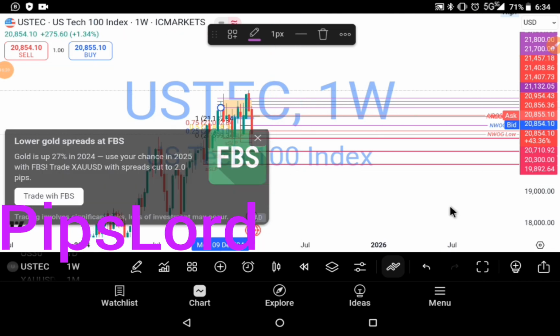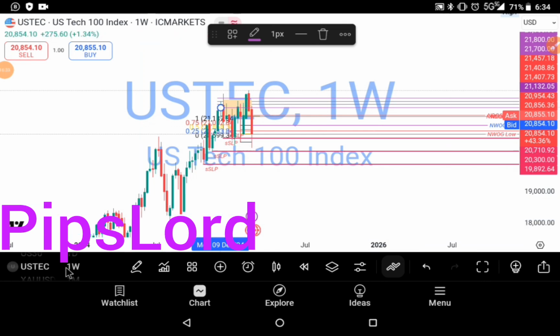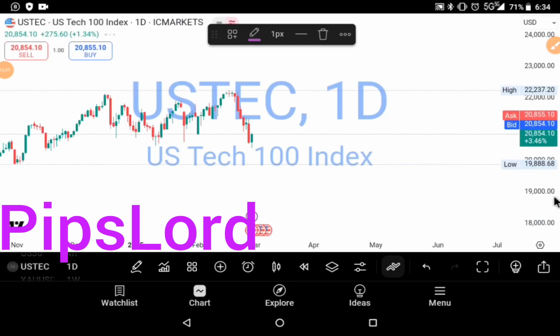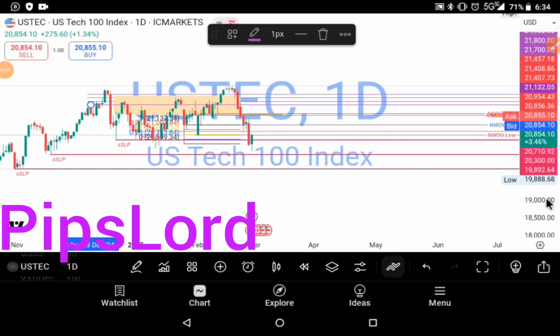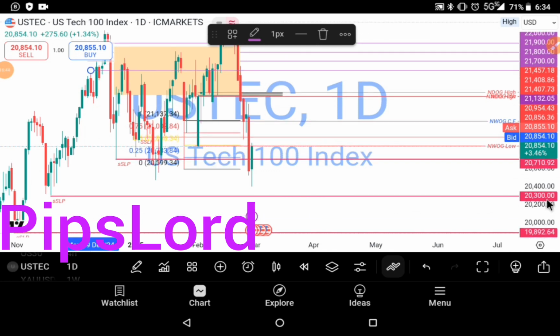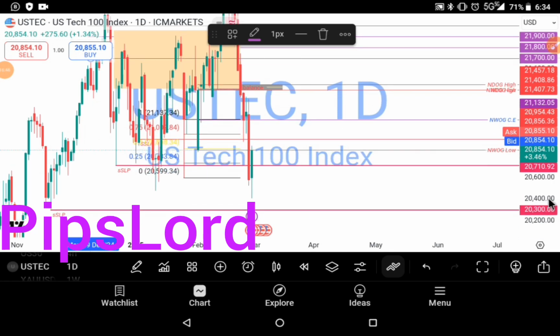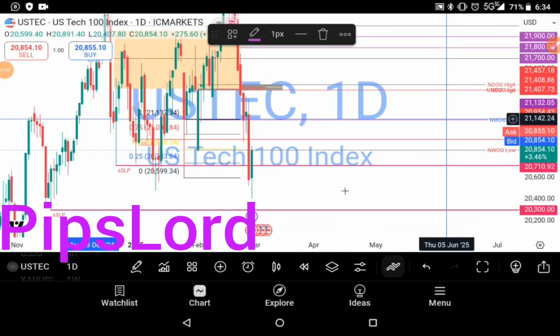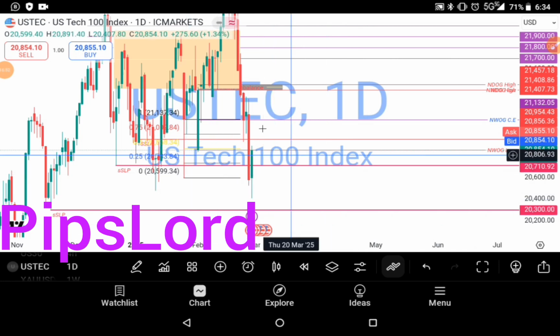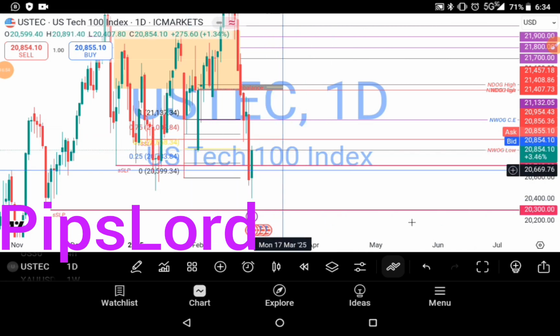So on the smaller time frame, I'll be interested in being bullish. If I could see a bullish movement, I will. But my bullishness will not be blindfolded. So I'll be watching what the market price is doing on the smaller time frame.